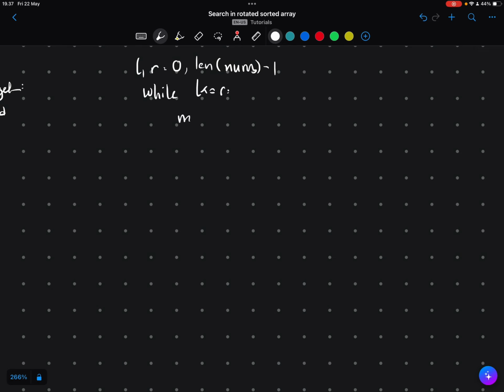Let's write out the initial steps for now. So mid is just (L plus R) floor divided by 2, and like I said, if the element we are sitting at in the middle is equal to the target, then we are more than happy to just return mid straight away. There's no worries with that.